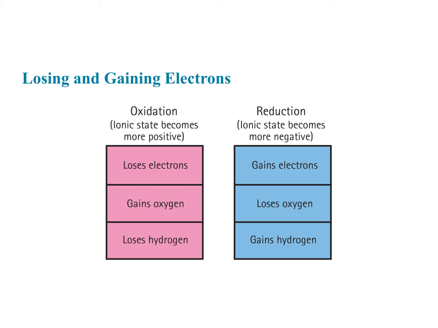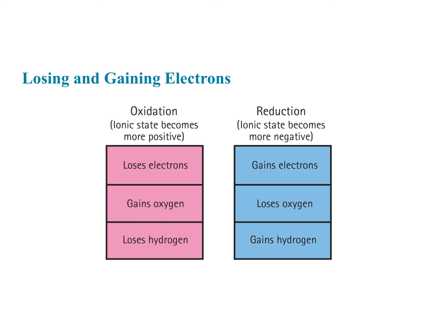Now, there are different ways that you can have oxidation and reduction. The main way that we've been talking about is gaining or losing electrons. It's not always obvious when you look at a chemical reaction whether you're having an oxidation or a reduction. And so there are some clues that can help chemists determine whether or not one process or the other is occurring.